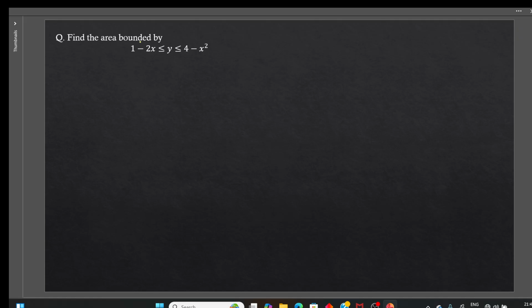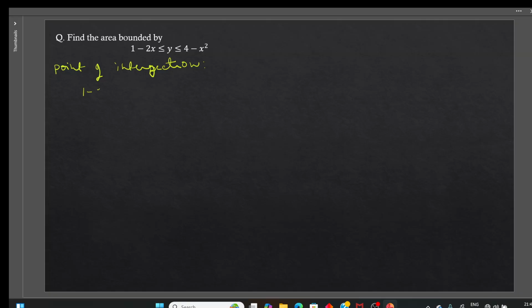Find the area bounded by 1 minus 2x less than or equal to y less than or equal to 4 minus x square. Clear? So now the point of intersection. 1 minus 2x is equal to y, and 4 minus x square is also equal to y.